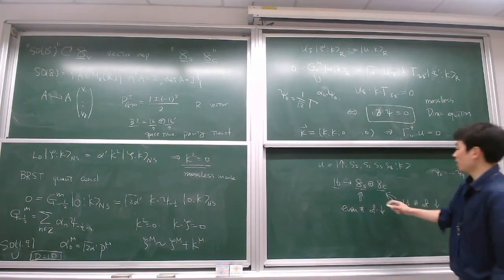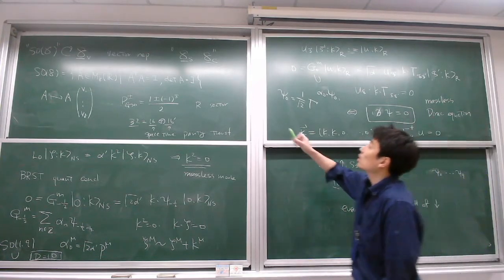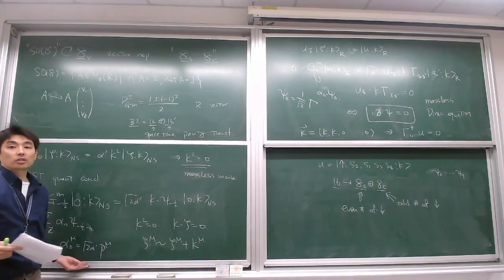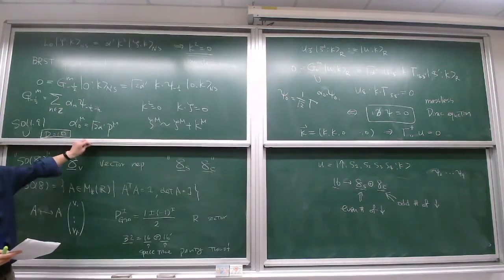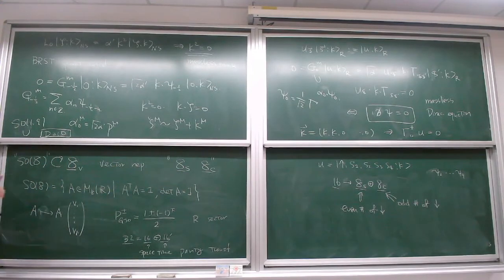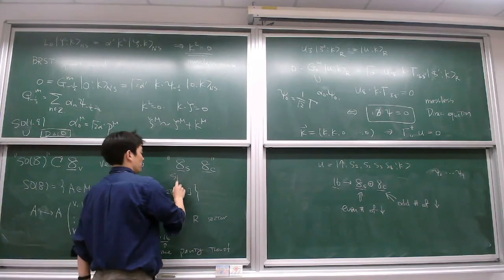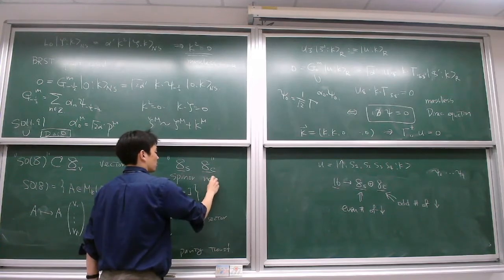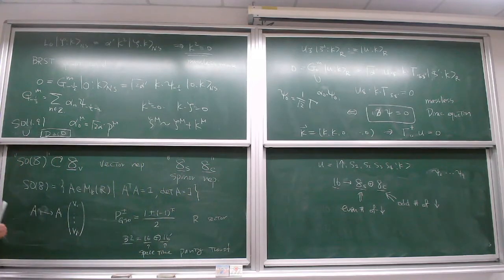This is again a representation of SO(8), but not the vector. The dimension is the same, but they are different representations. They are not isomorphic. This is a spinor representation, whereas that is the vector representation.